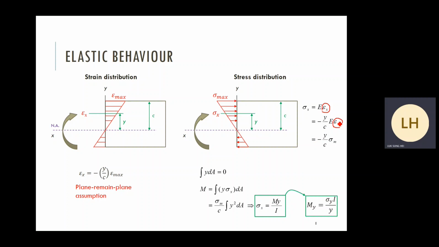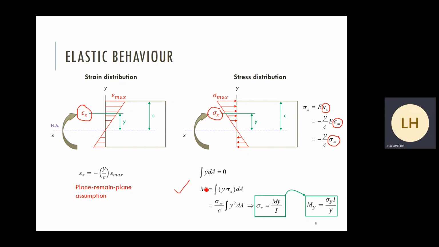Then Young's modulus times the strain gives you the maximum stress, sigma max. So it seems that we can express our stress and strain at different levels using the maximum value based on similar triangles. This is what we observe from the linear profile.